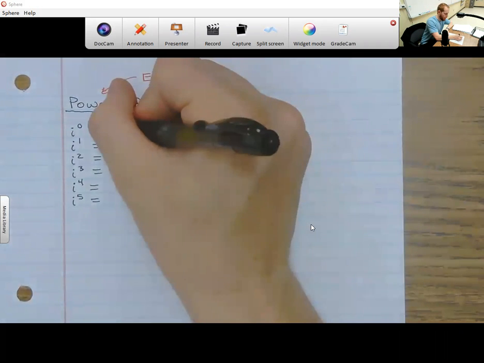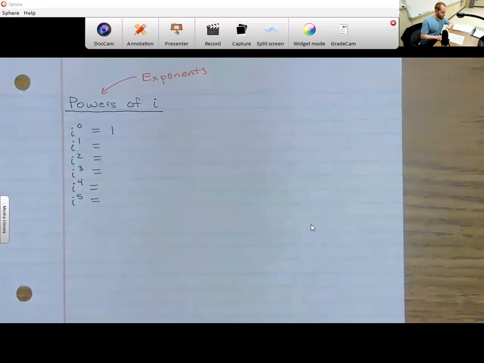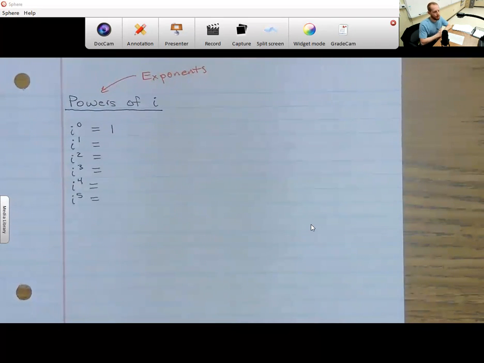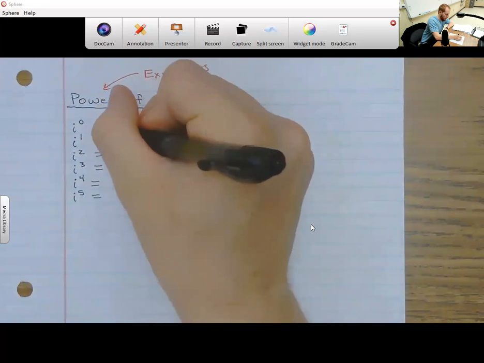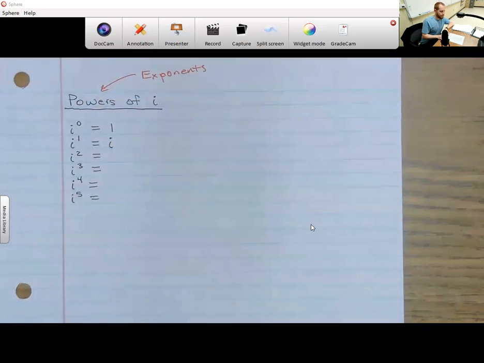So i to the 0 power is actually 1. That's our first answer. So now let's think about what i is when we raise it to the first power. Wouldn't that just be the same thing as we started off with, i? So i to the first power is just i.